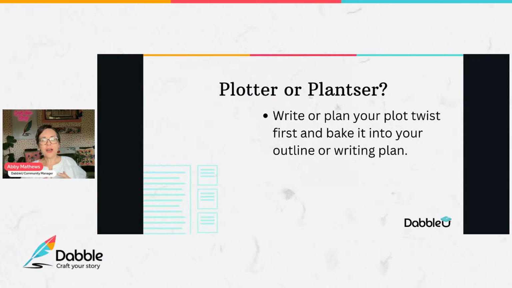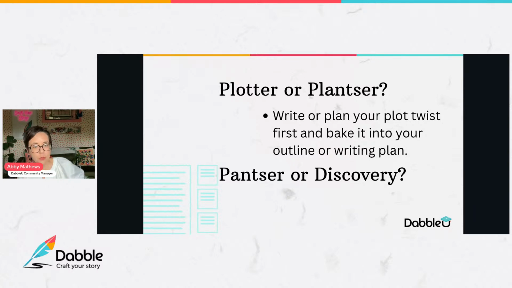So even if you're not planning on totally outlining your entire story chapter and verse before you get started, if you can have an idea of what your twist is first, it's going to be easier for you, even if you're pantsing, to lay clues down, right?